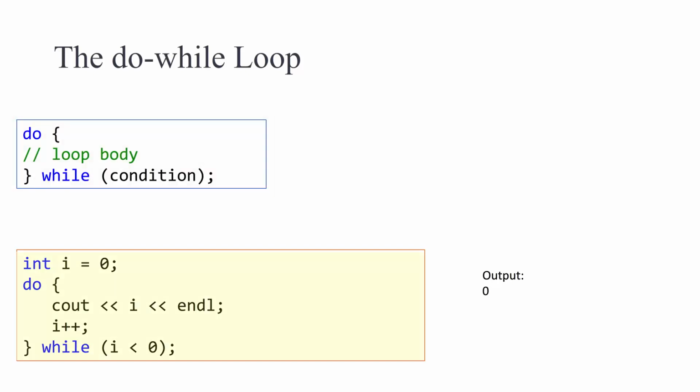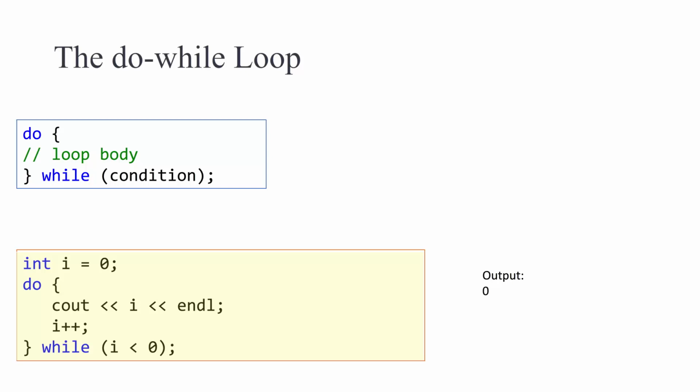In this code, the value of i is initialized to 0. Then a do-while loop is executed. The loop body consists of a cout statement that outputs the value of i, followed by the increment of i by 1.